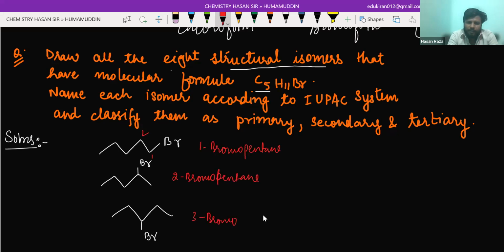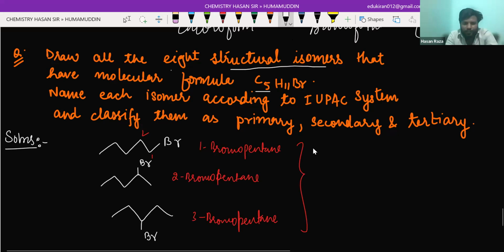Now we need to draw 5 more structures. We moved bromine through all the possible positions. Now we are going to move methyl. So I'm going to write it like this. 1, 2, 3.